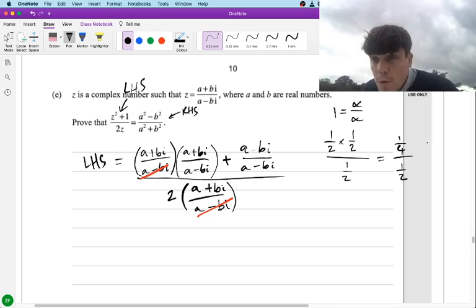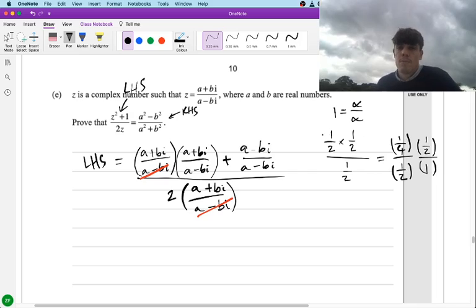I can multiply the top and the bottom by 2, which means that half remains on the top, but then the 1's left over on the bottom. It's not a great example. But if I was to cancel both of these, I would just get 1 times 1 over 1, so that'd be 1, which is not a half.